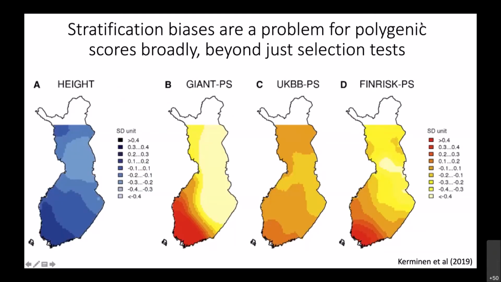So in this talk I'm focusing specifically on problems with adaptation tests, but they're of course a problem beyond just selection tests, in the sense that if you wanted to use polygenic scores to make predictions about phenotypes of individuals and then use them for something, say for medical purposes, you had better be sure that those predictions are accurate, right?